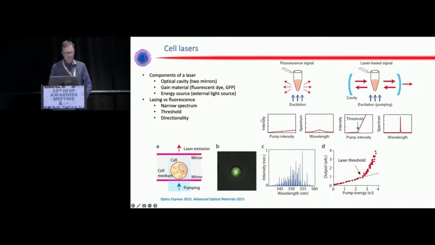Specifically, how a cell laser is made: you have 2 laser mirrors, a dichroic mirror, and inside there are cells which either express fluorescent protein, or we provide some fluorescent dye. We excite with external light, and there is emission of laser light. This is an image of a cell that lases, and its spectrum, and we have this lasing threshold.